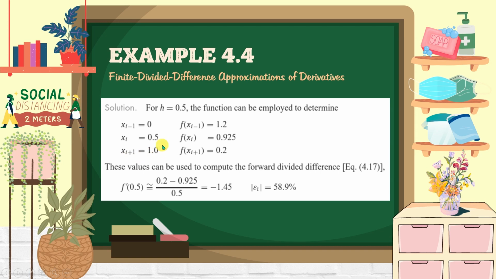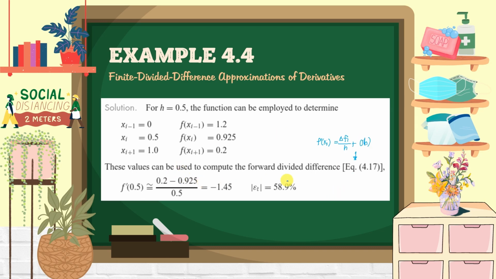So we will be able to find the function of x sub i minus 1 as 1.2, then the function of x sub i as 0.925, and the function of x sub i plus 1 equals 0.2. These values can be used to compute the forward divided difference, equation 4.17. Equation 4.17 is represented by the first derivative of the function at x sub i equals delta f sub i all over h plus the error O(h).